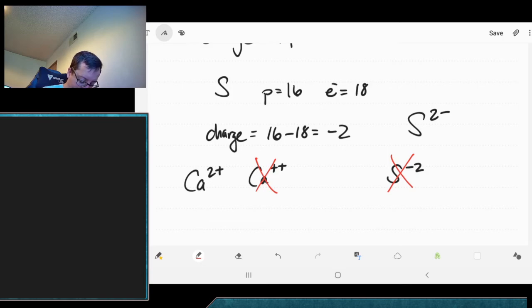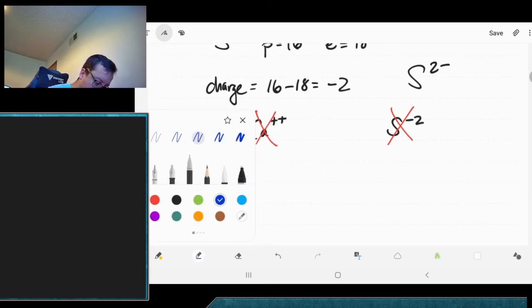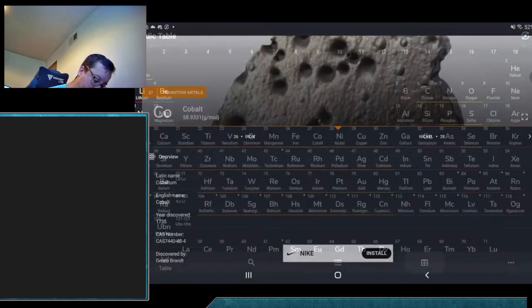Alrighty, let's do a couple. Oh, one more thing, actually. Let's be a little bit more formal here. For example, this calcium. I need to check, what is calcium's atomic number? 20? Yeah.